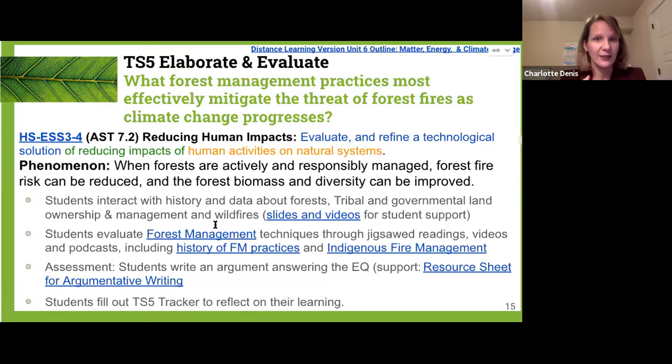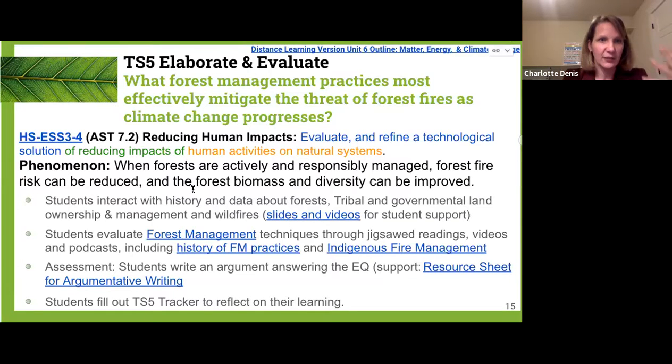Whereas indigenous fire management looked at things that happened naturally. For example, burning happened when the acorns fell from the trees. So that's just one example of some information that students are learning and seeing in this task set. And so that's the first part.